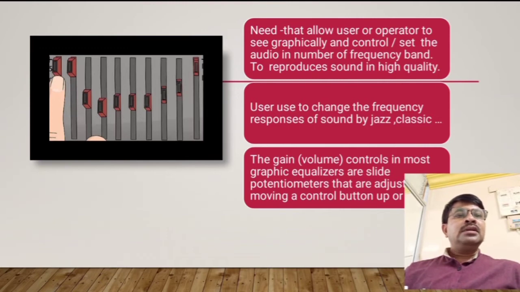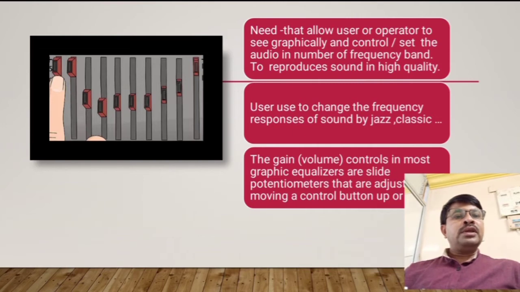The need is that a graphic equalizer allows the user or sound operator to see graphically and control the set of audio in the different frequency bands. It is used to adjust sound in the different frequency bands to reproduce sound in high quality. For example, today's sound systems have an inbuilt graphic equalizer to produce high quality signal.